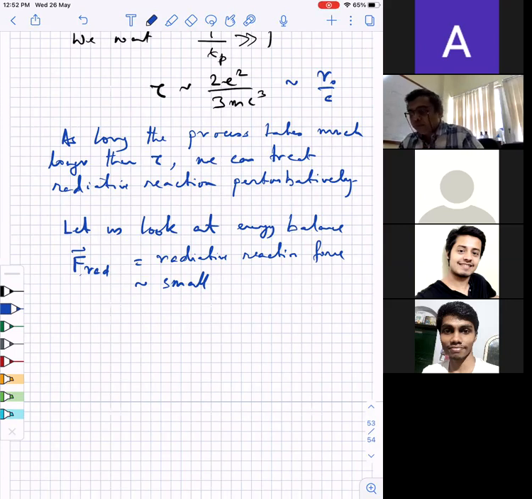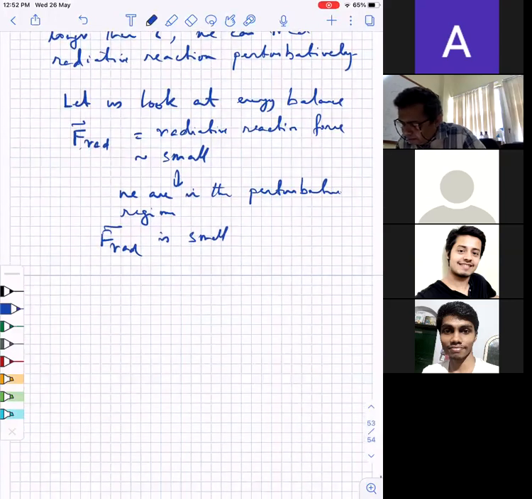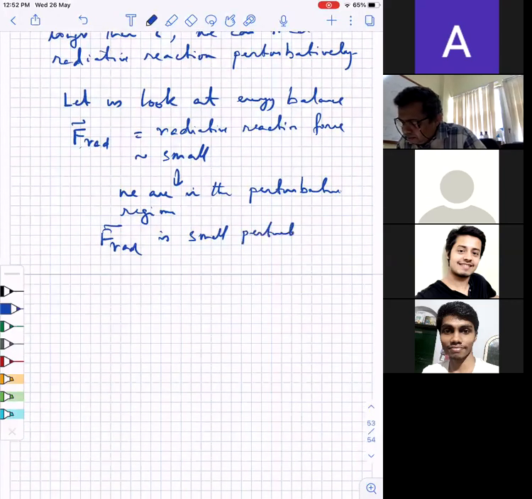Because we are in the perturbative regime, this F rad is a small perturbation to the external force. That's the simplest assumption.